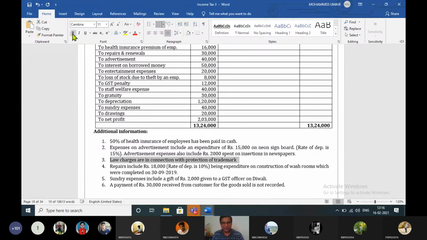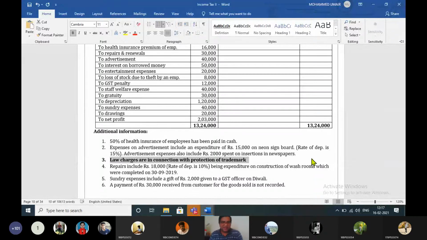Okay, so is this allowed? The answer is, what is a trademark? Trademark is basically an intangible asset, a property of business using which business generates revenue. So this asset has to be protected. Others can't use this, others can't misuse this.